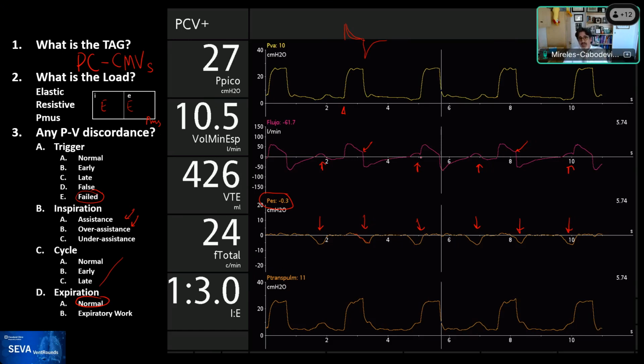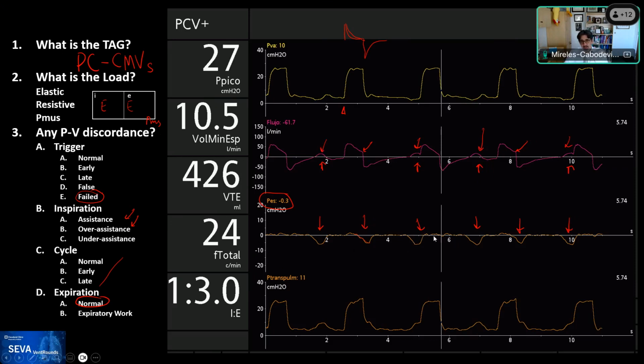But I think that the waveforms give you, I mean, you should treat these the same way, which is this patient is having failed triggers with an elastic load. So that is consistent, or should raise the suspicion for you that this patient is over assisted, or that the threshold for the ventilator is set very high, and that's why you're seeing this, and the patient should have been triggering here without a doubt. I mean, if this was a flow trigger, as Ariel pointed out, all of these would have been synchronous breaths, which are not in this case.